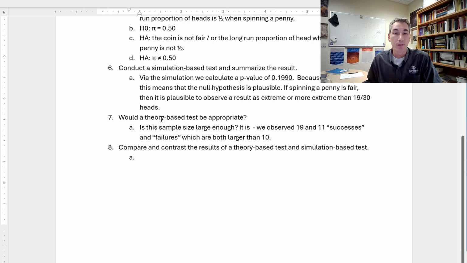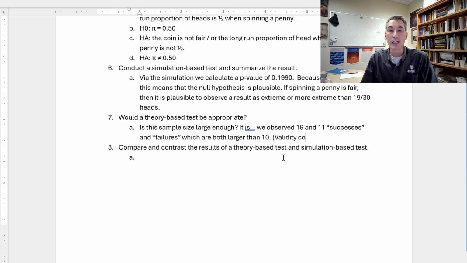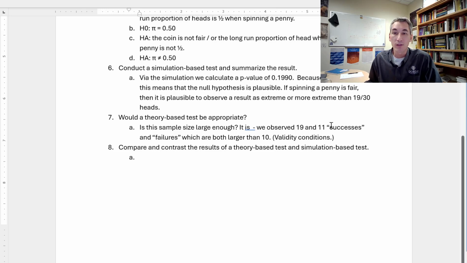Remember, the validity conditions, that's what we're looking for here. What are the validity conditions on a theory-based test? The validity conditions are that the number of successes and failures are both larger than 10. So that is met in this case. So because that's met, we can do the theory-based test and then make our result.